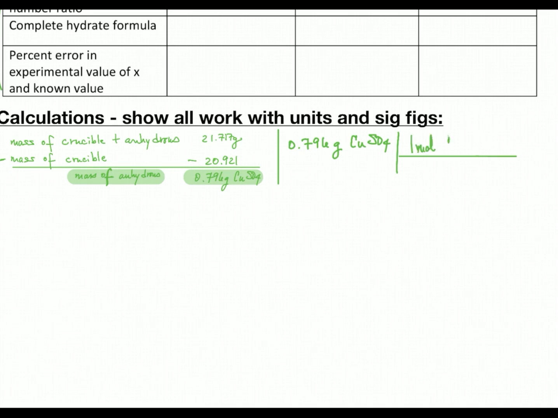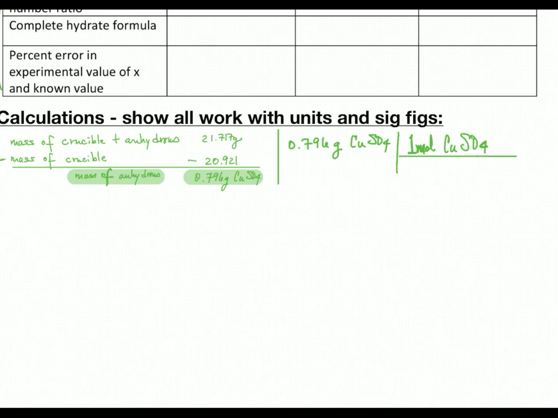So 1 mole of CuSO4, and this is just the anhydrous part. It's just the cations and anions. It does not have water in it. So we should not be adding up any water at this point when we're adding up its formula mass.